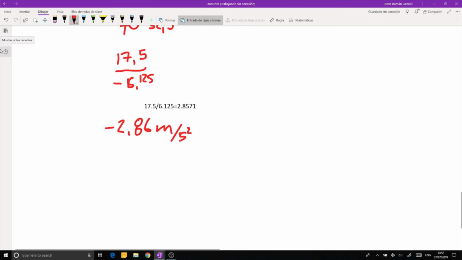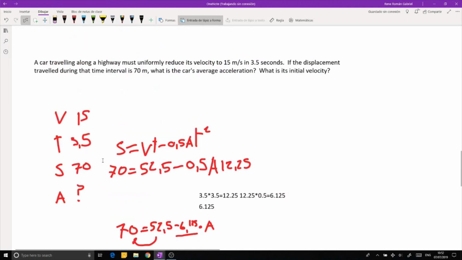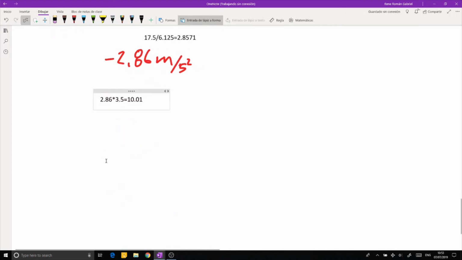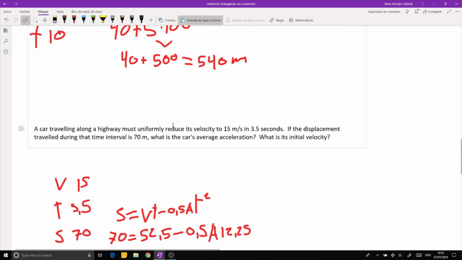We just have to multiply acceleration times time. 2.86 times time, which is 3.5, equals 10.01. And 10.01, we have to add to 15, because since it's reducing its velocity, we know that the initial will be bigger.